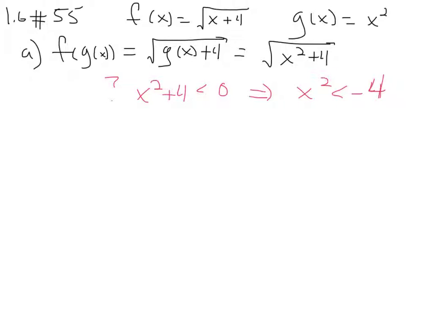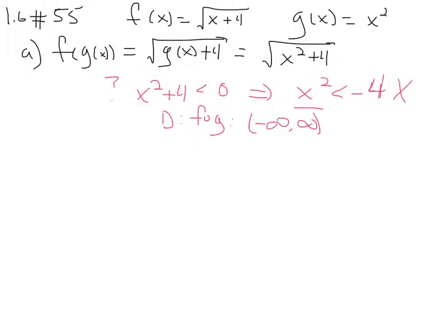Now, since squares of real numbers are always greater than or equal to 0, this never happens. So our domain is everything. We don't have any problem points since the thing under our square root is always greater than or equal to 0. Right? So our domain of f of g is the entire real line, negative infinity to infinity.